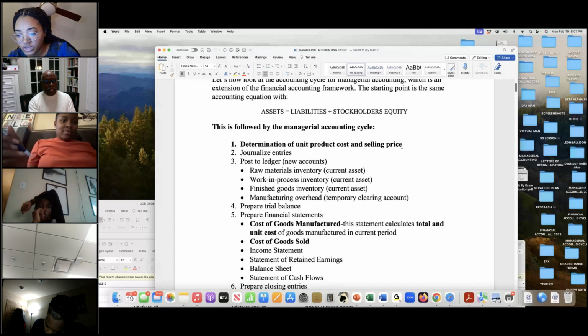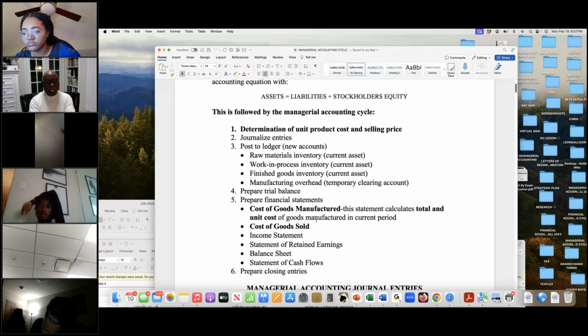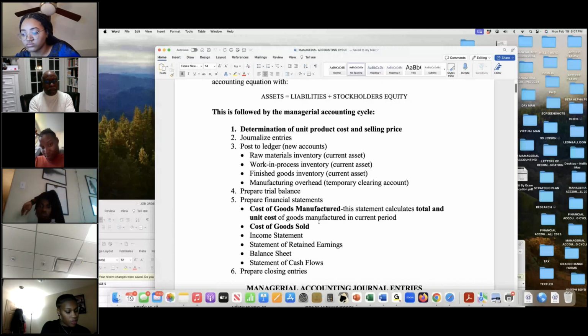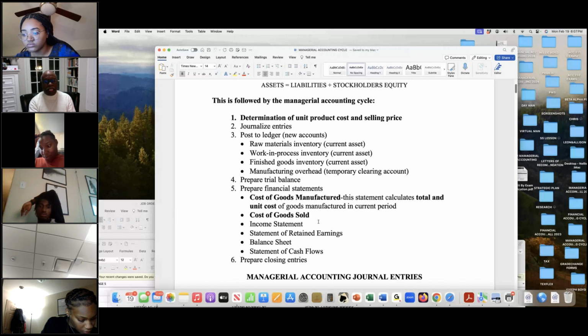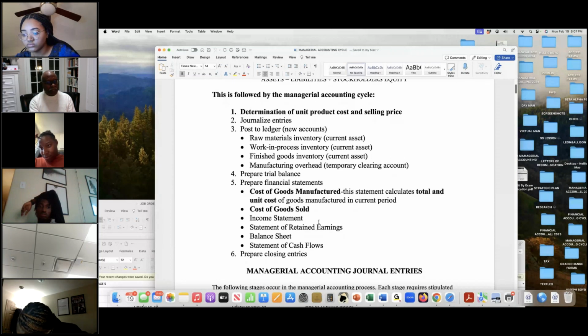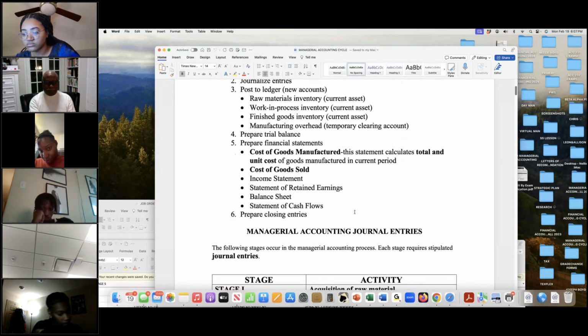Then we have to make journal entries and post them to the ledger, prepare the trial balance, prepare the financial statements. We have some new statements to look at: cost of goods manufactured and cost of goods sold. And we layer those on top of the income statement, statement of retained earnings, balance sheet, and statement of cash flows, which we will review on the midterm exams. Some of you all had trouble with it.